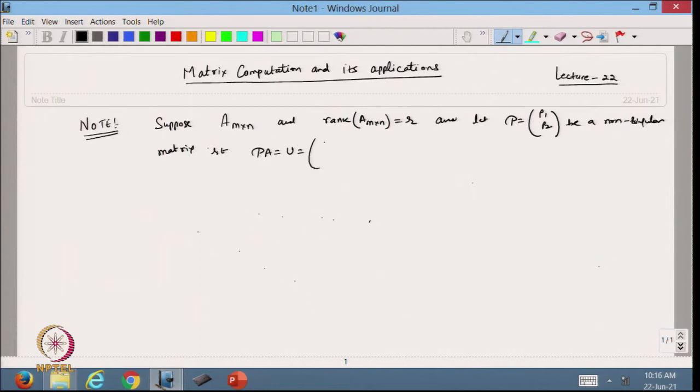This will be some matrix C that is R cross N, and the rest is 0 because the rank is R. So this matrix has only R non-zero rows, and N is the number of variables, where U is in row echelon form.